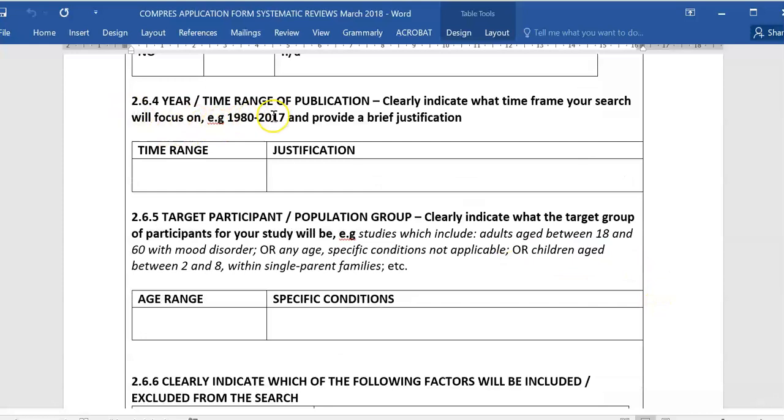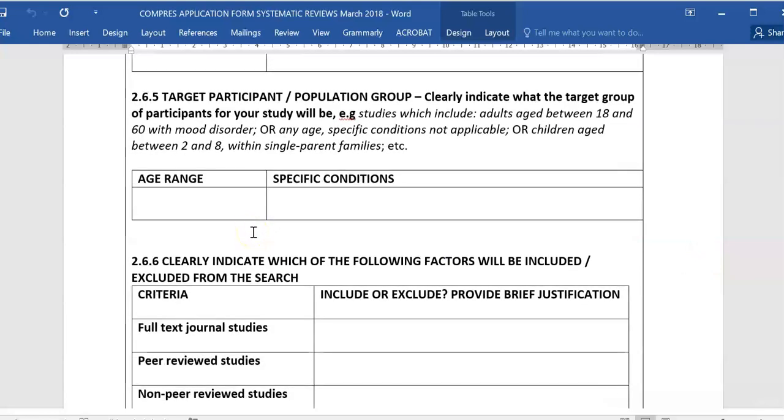Obviously, the time range is also important, and sometimes the time range is determined by when the last systematic review was done on the concepts that you want to study. So if you have found a previous systematic review that was done 10 years ago, then it's okay to do another one from 10 years ago onwards. So 2011 onwards.